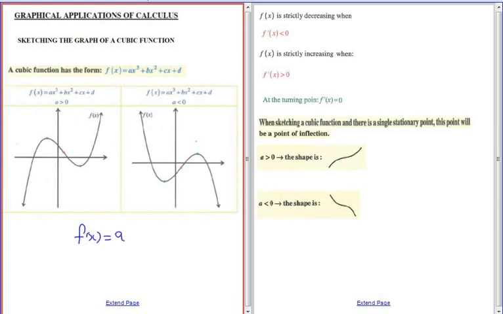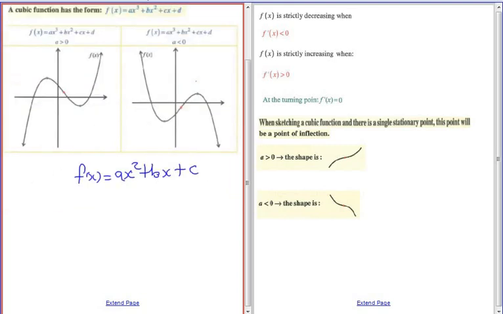We have it as ax squared plus bx plus c. That is what you learned when you did your quadratic functions. So the shapes of these graphs were affected by the a value. We knew that a is greater than 0 for this one, and smaller than 0 for that one.